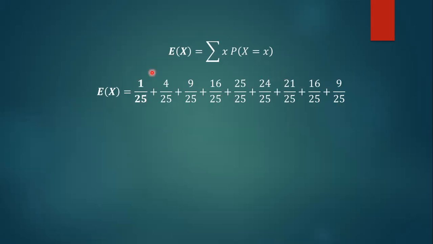So we are going to add up 1 over 25 plus 4 over 25 plus 9 over 25 plus 16 over 25 plus 25 over 25 plus 24 over 25 plus 21 over 25 plus 16 over 25 plus 9 over 25. A calculator can do its work very fast, and then we get to see whether the answer here is the same as the answer from the calculator.